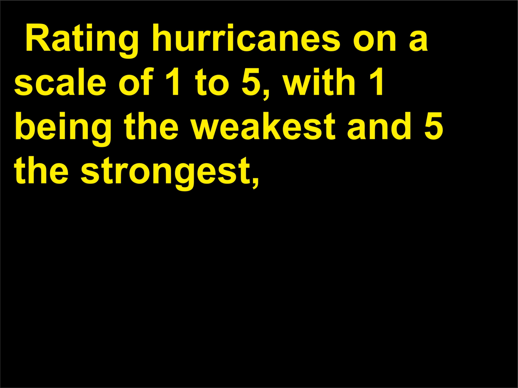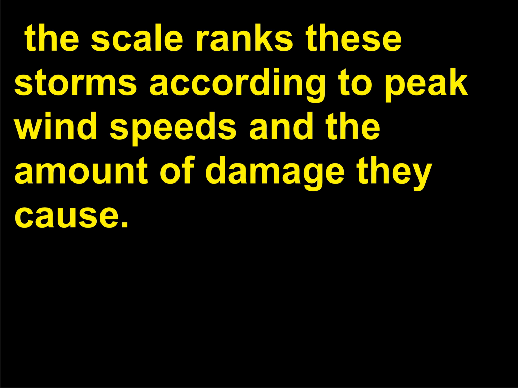It rates hurricanes on a scale of 1 to 5, with 1 being the weakest and 5 the strongest. The scale ranks these storms according to peak wind speeds and the amount of damage they cause.